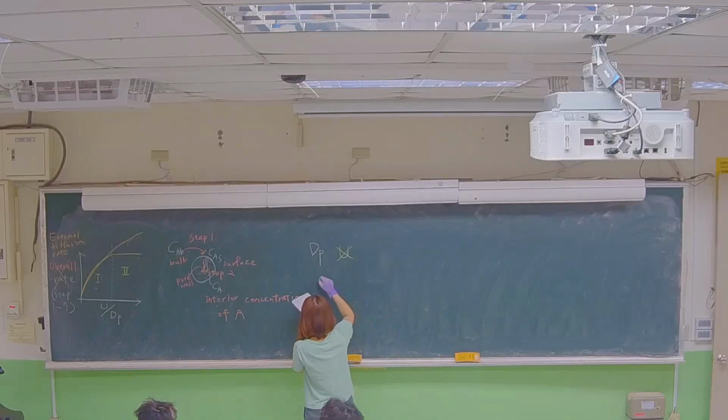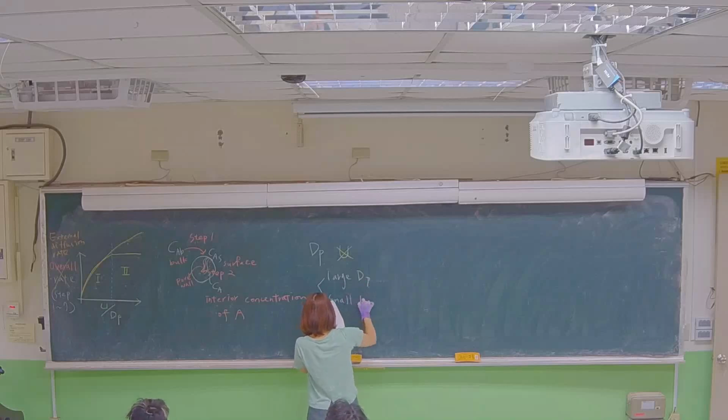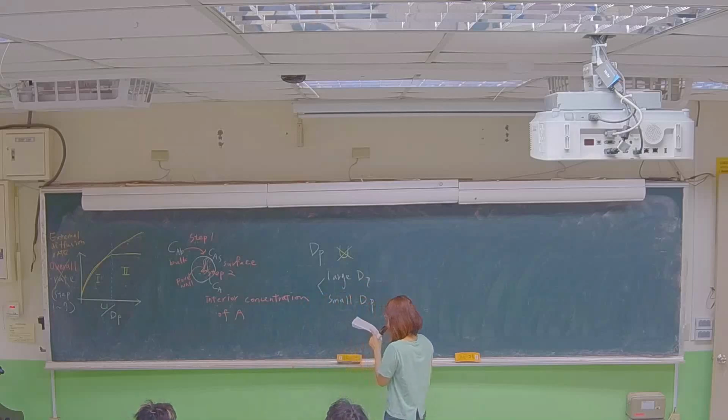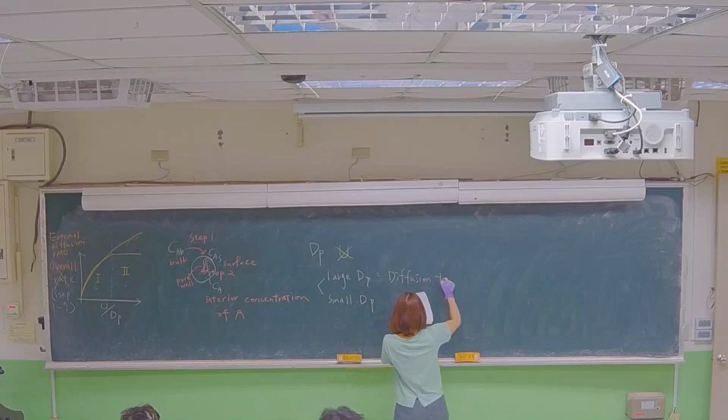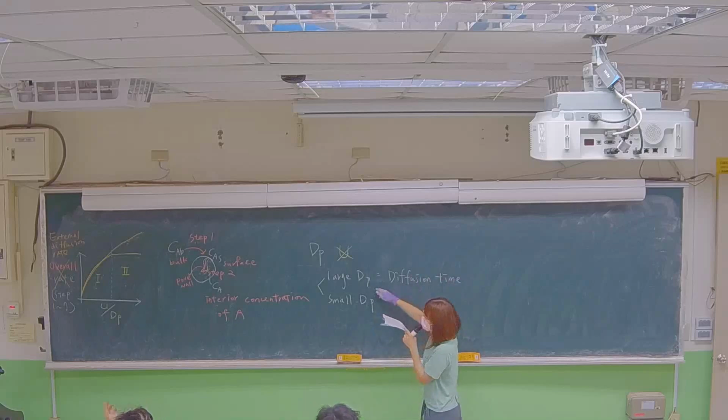So we can separate it into large dP or small dP, okay? For large particle size, there is a long way to go.